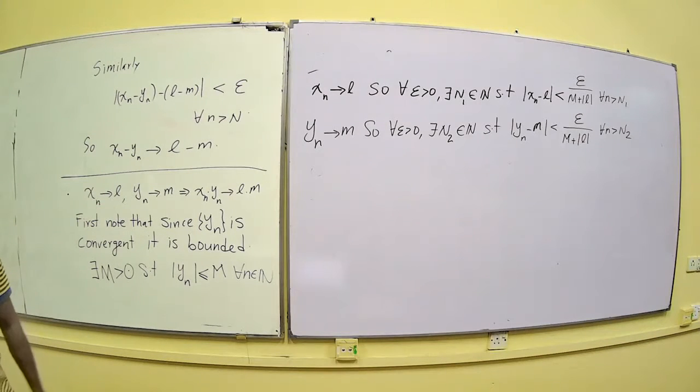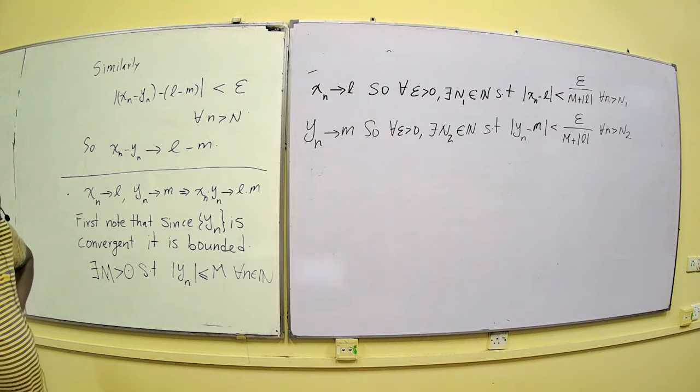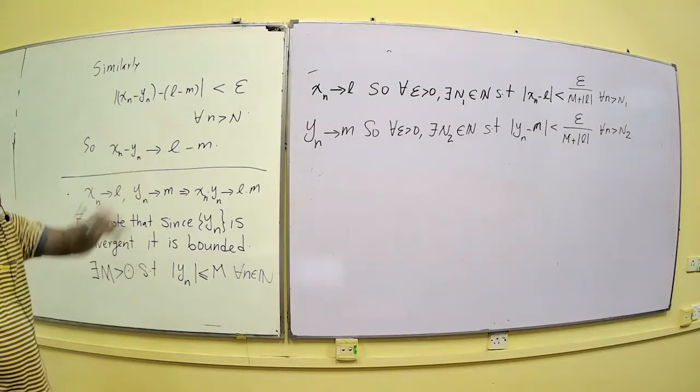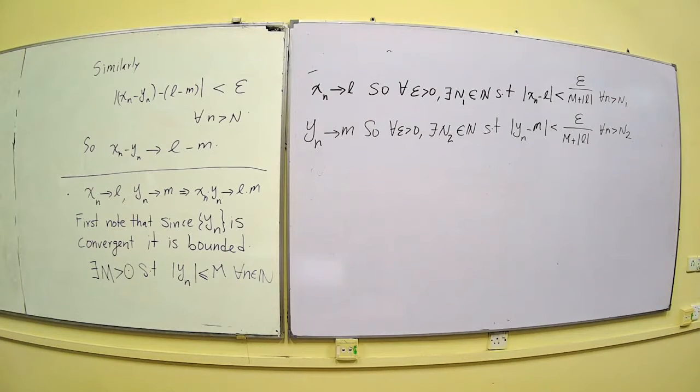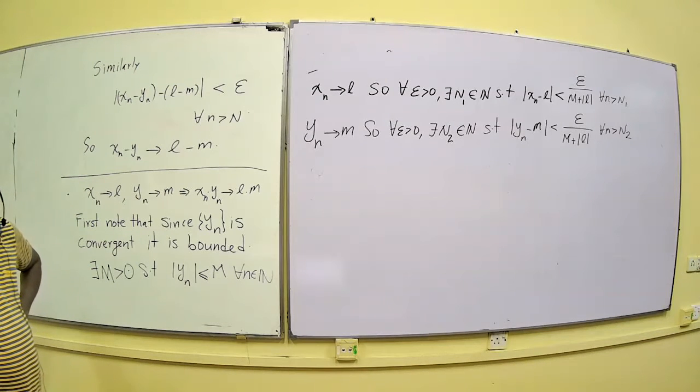And L is the limit of the sequence xn, so that is a real number. So when you put the absolute value, that becomes nonnegative. M is strictly positive, so even if L is 0, it doesn't matter. This epsilon over M plus absolute value of L is a positive number.